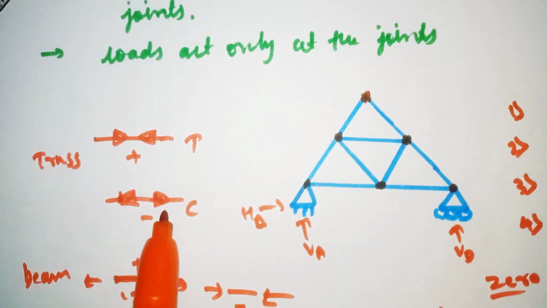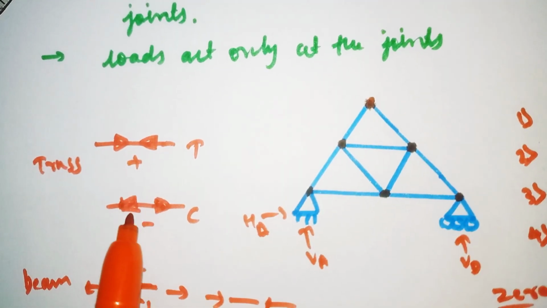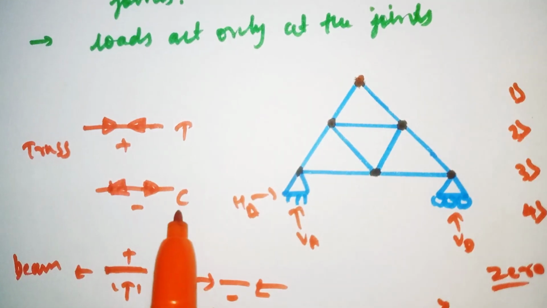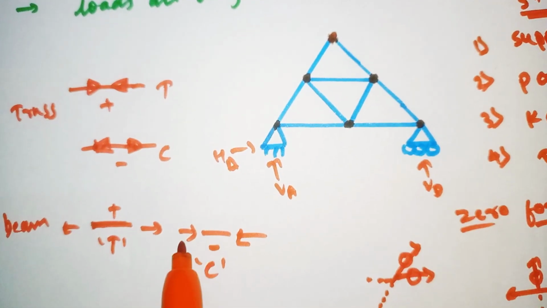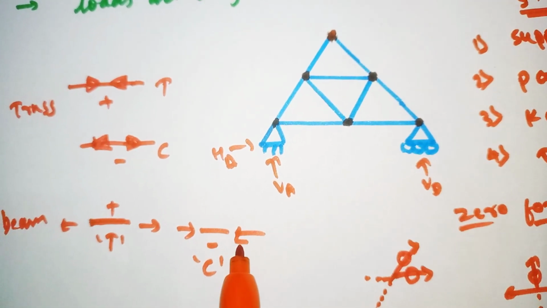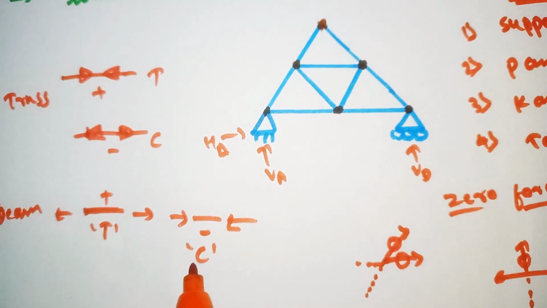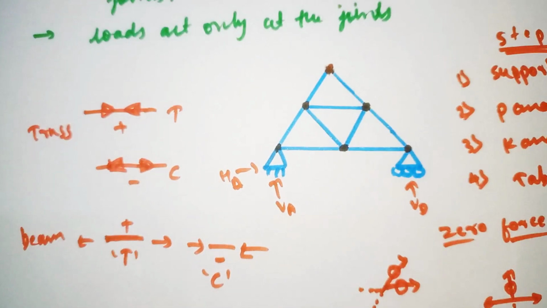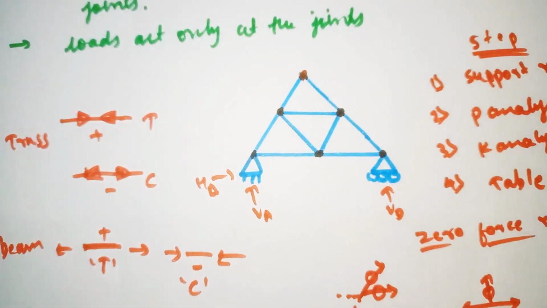When it comes to compression, the forces moving away from each other means compression in trusses. And in a beam, when the forces are moving towards each other, the force is in compression. So both are different, don't get confused here about the sign convention.